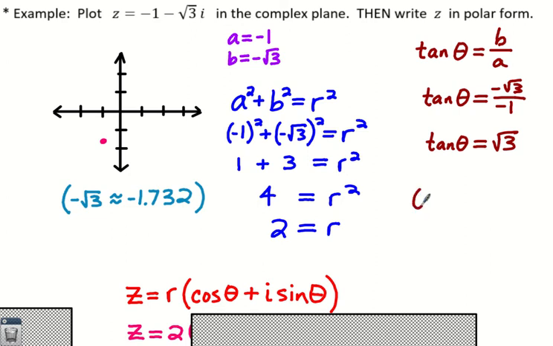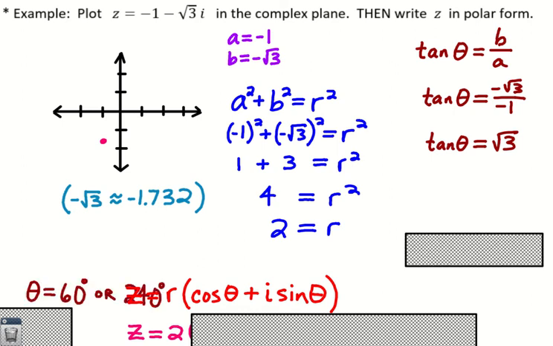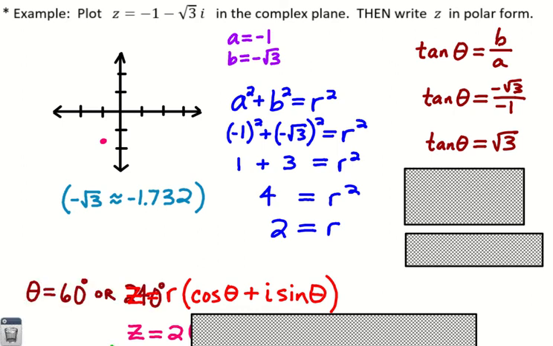And so hopefully we're getting that theta would be, oh, wait a minute, was that right all along? What a nightmare this is. 60 or 240 was correct. I don't know what I was thinking there.